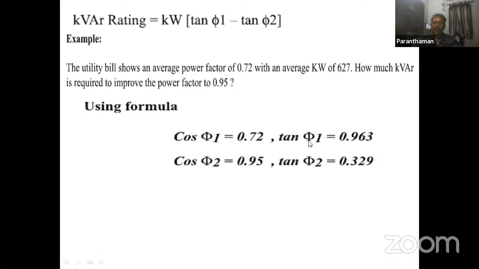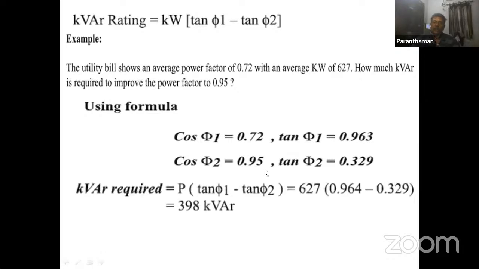From that, we can find tan phi 1. Tan phi 1 is 0.963. This can be done in a calculator. Tan phi 2 also we can find, 0.963 minus 0.329. The kVAR required is equal to 398 kVAR, or the nearest will be 400. So we can order a capacitor of 400 kVAR.